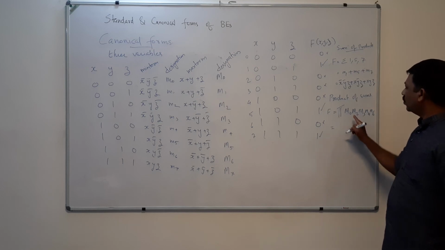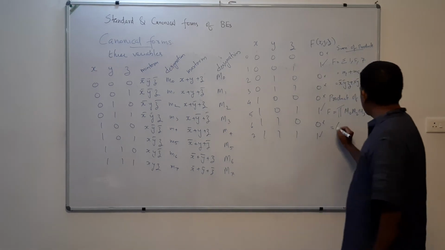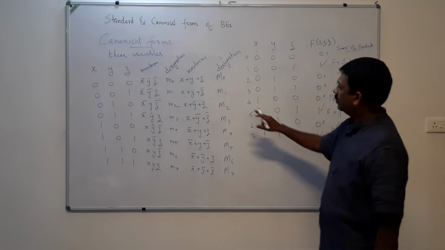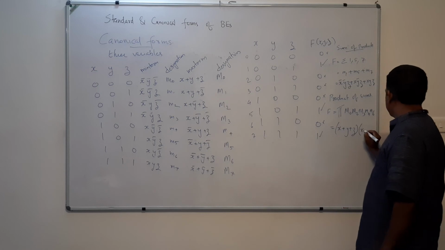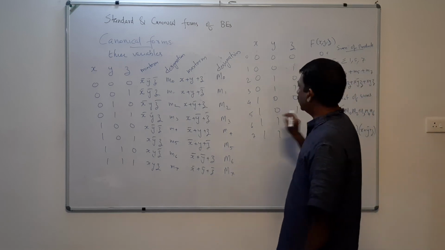What is M0? M0 is x plus y plus z, that is x plus y plus z, into. What is M2? M2 is x plus y bar plus z, into. What is M3?